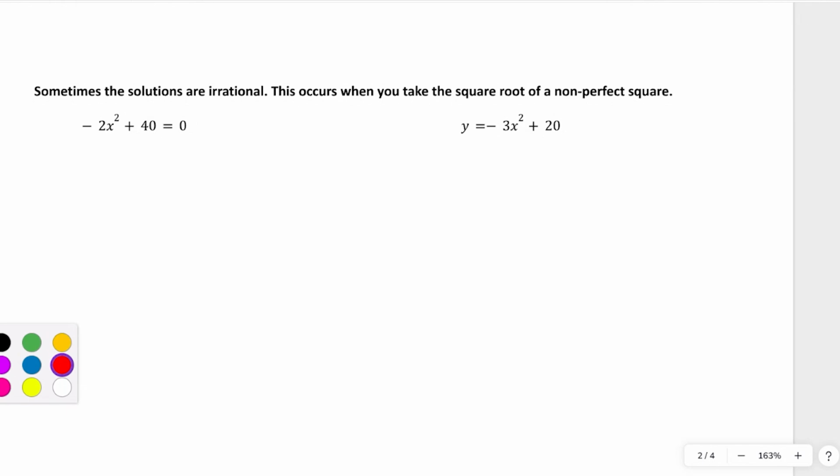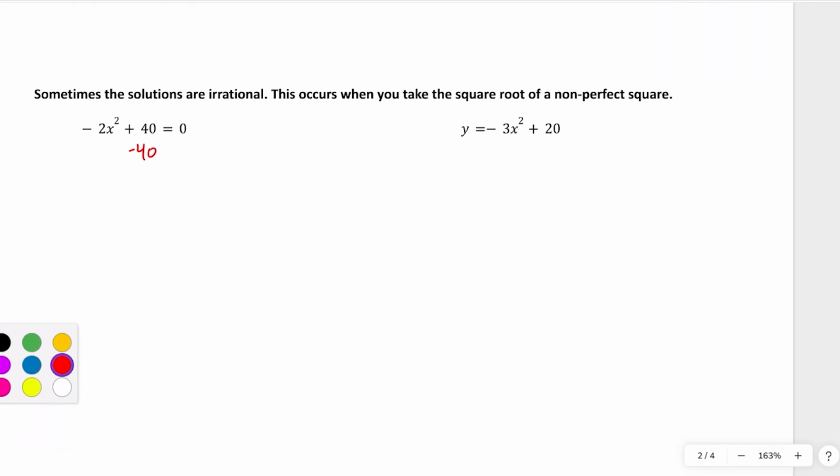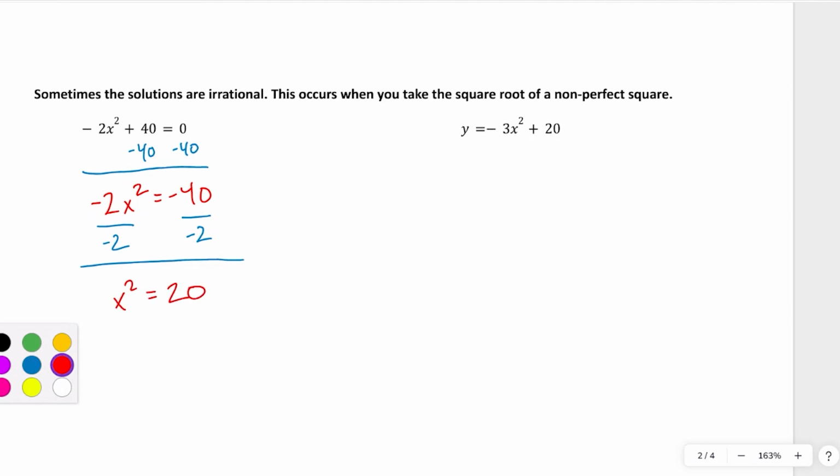So for this first one, we'll subtract 40 from both sides and have negative 2x squared equals negative 40. Then we can divide both sides by negative 2 and get x squared equals 20.